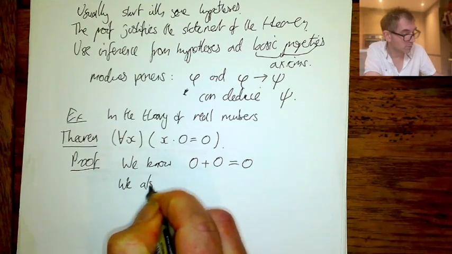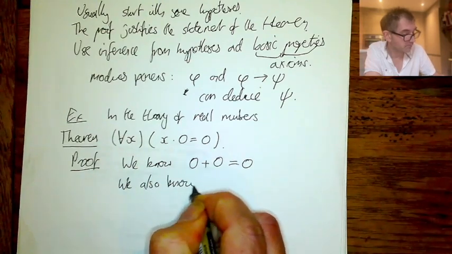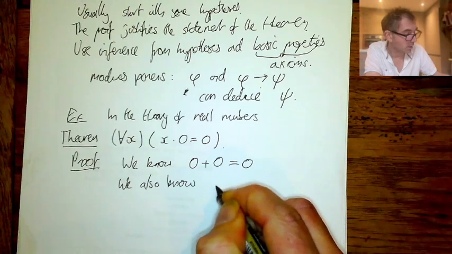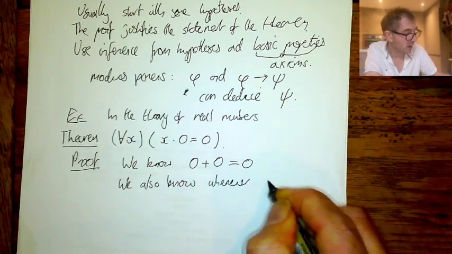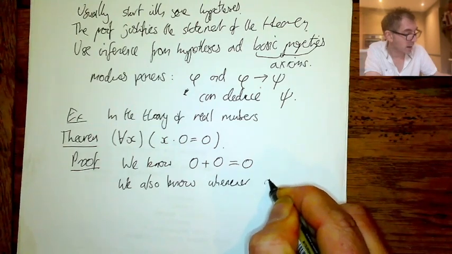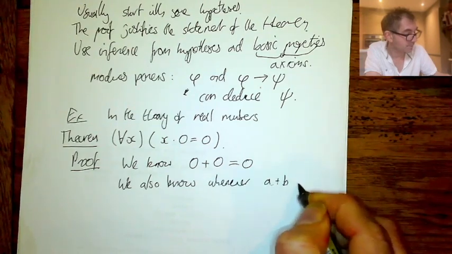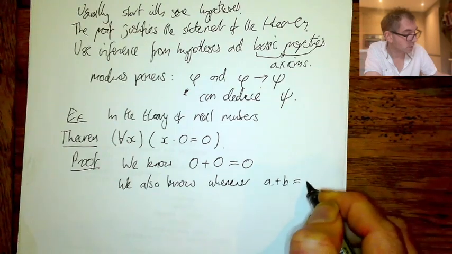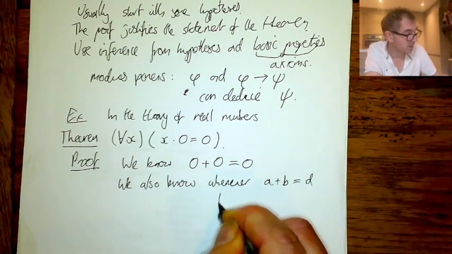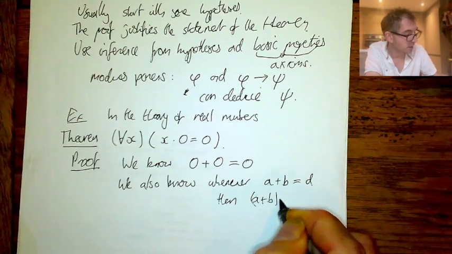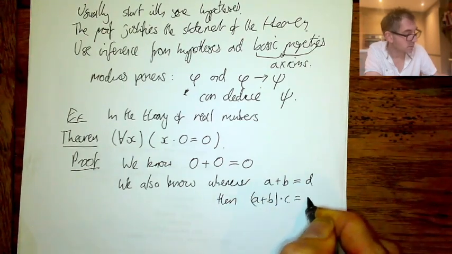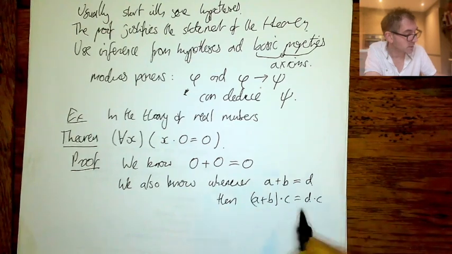We also know whenever a plus b equals d, then a plus b times c, that's equal to d times c.